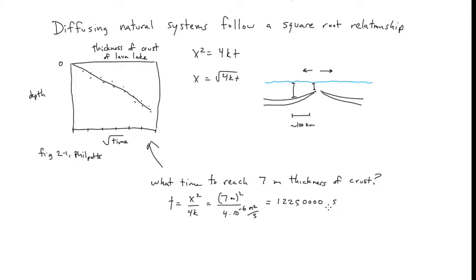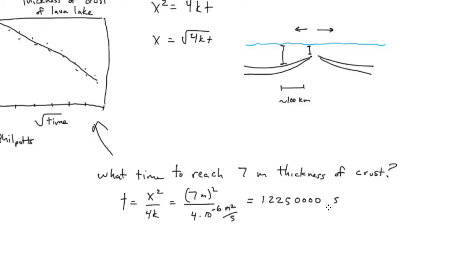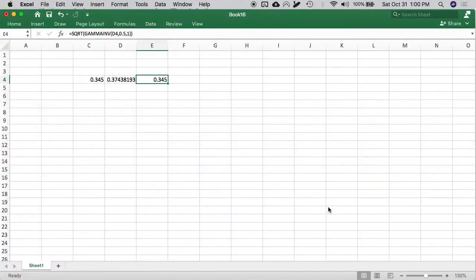Let's go over to Excel real quick to see what that looks like in terms of months. 1225 and zeros, okay, so that's in seconds. If we want to turn this into months, we'll start with seconds.